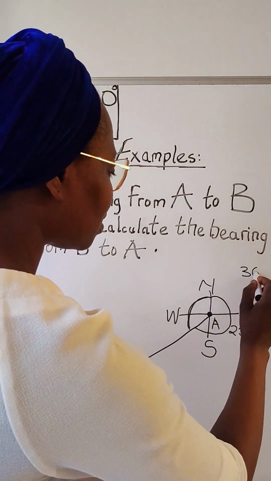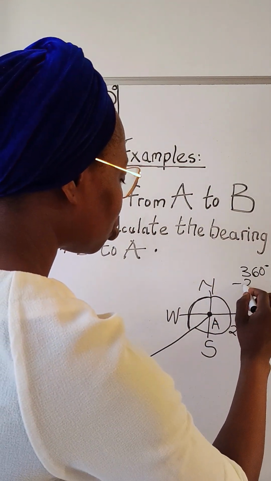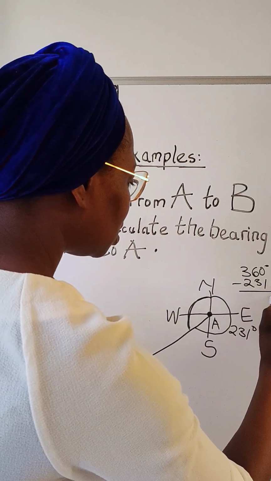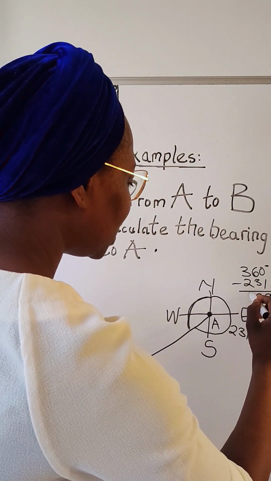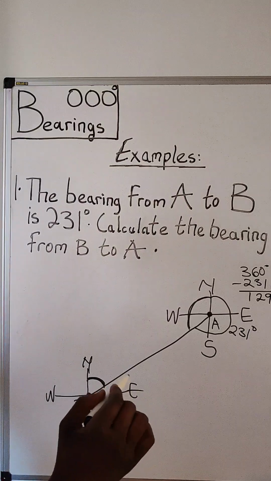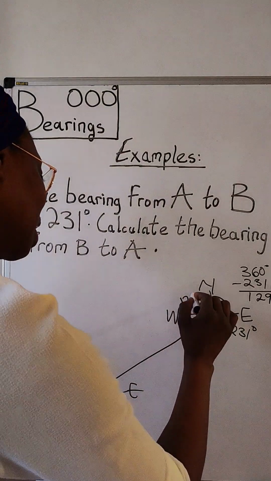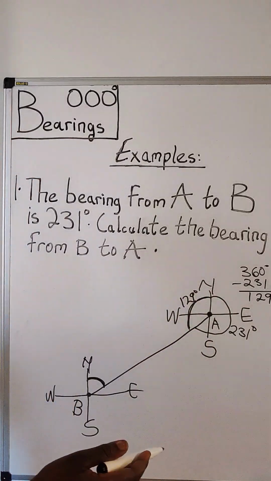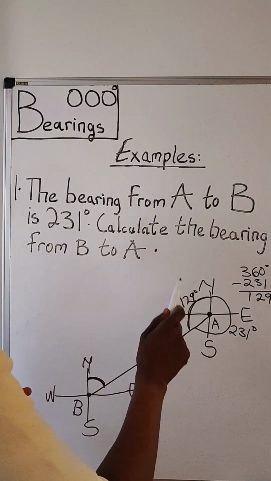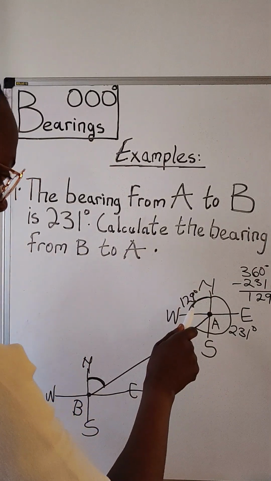So 360 degrees minus 231 will be left with 129 degrees. So the angle here is 129 degrees, and it is the co-interior angle C.